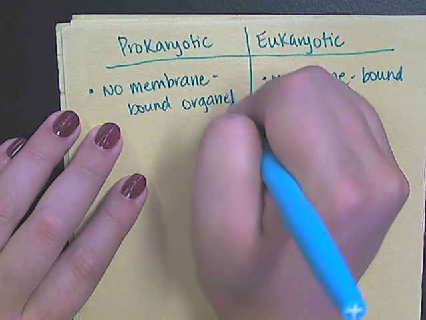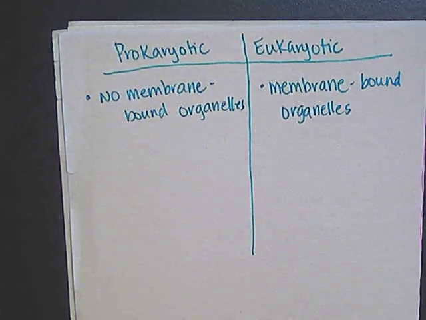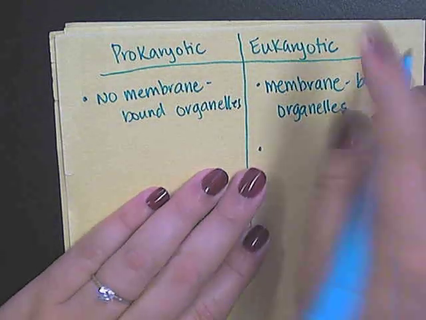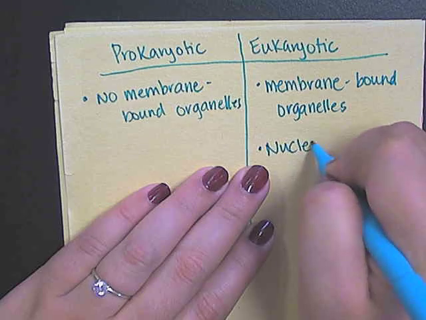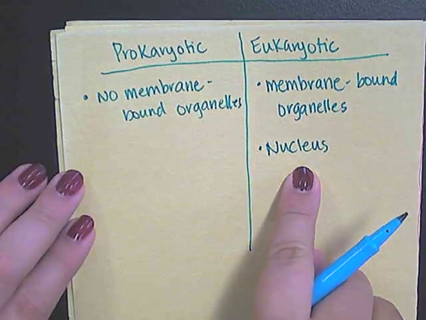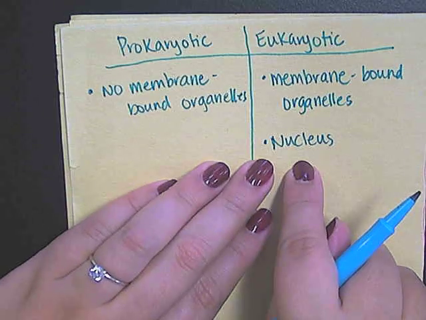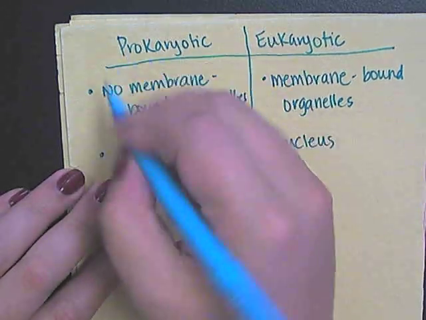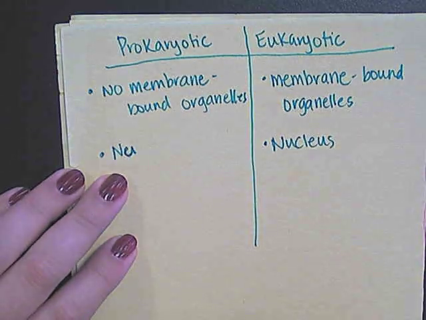This does not include ribosomes. Ribosomes are not membrane-bound. The most important membrane-bound organelle that distinguishes eukaryotic cells is the nucleus, and that contains the genetic information. This is very important, because in prokaryotes, there is no membrane-bound nucleus.